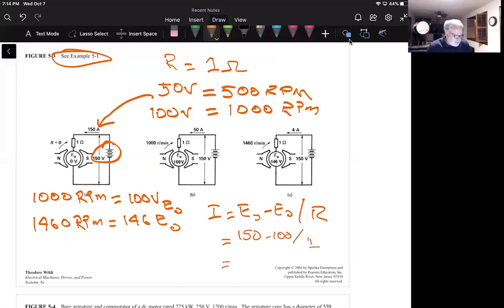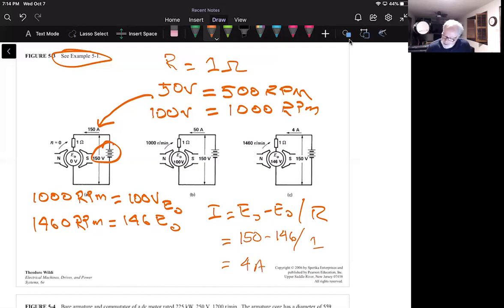So for the first, the armature current at 1,000 RPMs, this is going to come out to be 50 amps. Then for the second one at 1,460 RPMs, E sub S is still 150, E sub O is 146, divided by 1. 150 minus 146 is 4 amps.